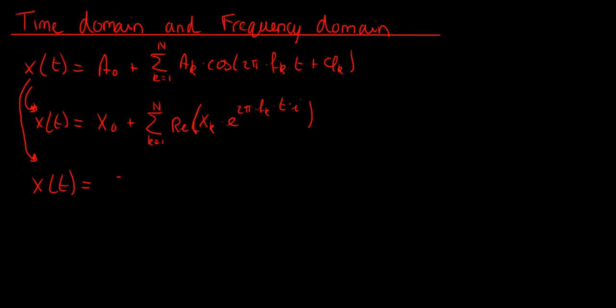And this is denoted as a sum from k is minus N up until N of a_k, which is a complex amplitude, times e to the power of i 2 pi times f_k, the kth frequency, times t.